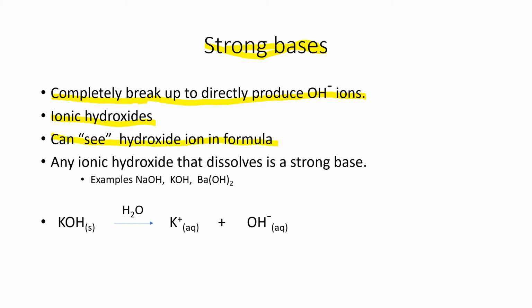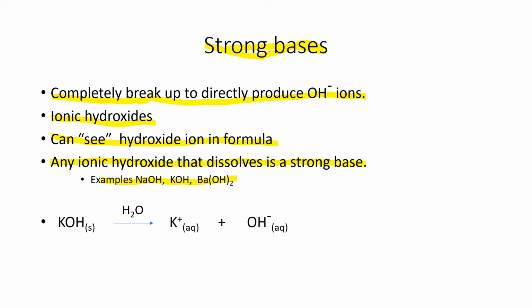Any ionic compound that dissolves and has the hydroxide ion in it is a strong base. So if you have an ionic compound that has hydroxide in it and it dissolves, well, you're directly producing a lot of hydroxide ions. So just some examples of these ionic hydroxides, things like sodium hydroxide, potassium hydroxide, barium hydroxide.